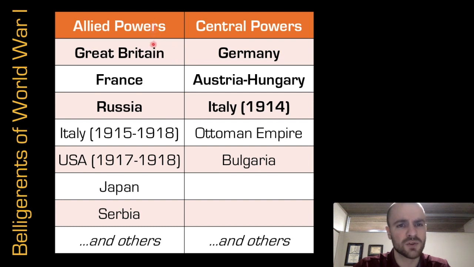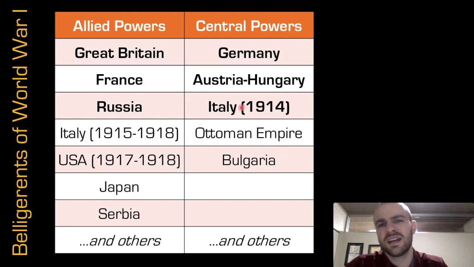The Allied powers: Great Britain, France, Russia, and Italy from 1915 to 1918, as well as the United States from 1917 to 1918. Now on the other side, you have Germany, Austria-Hungary, Italy in 1914, the Ottoman Empire, Bulgaria.